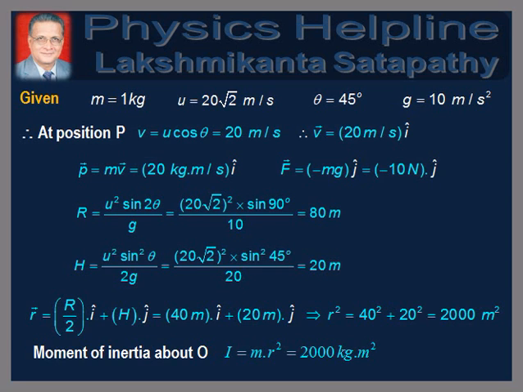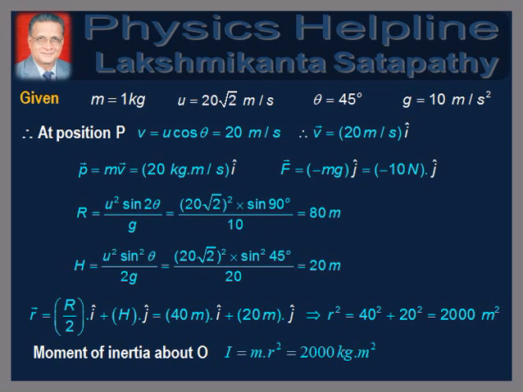Now, velocity of the particle at P is v is equal to u cos theta. Putting the values of u and theta, we get v is equal to 20 meters per second. It is in the positive x direction. Therefore, we write the velocity vector as v is equal to 20 meters per second into i cap.